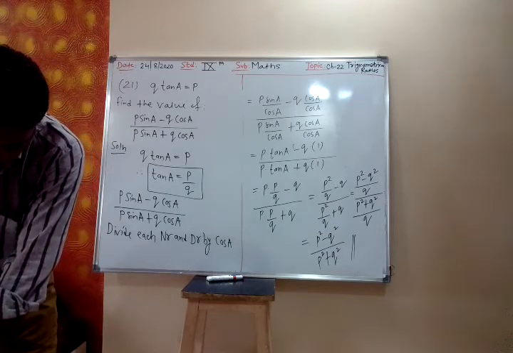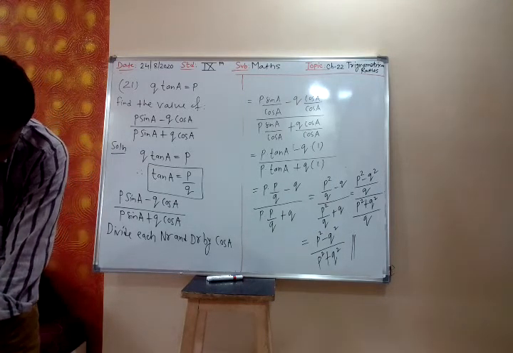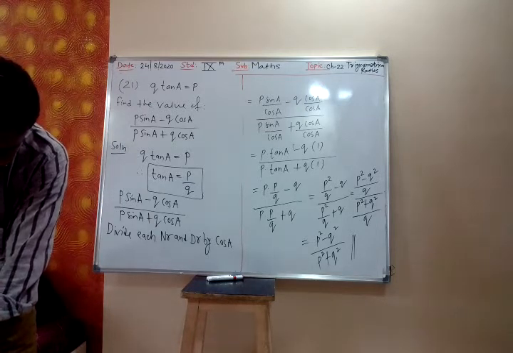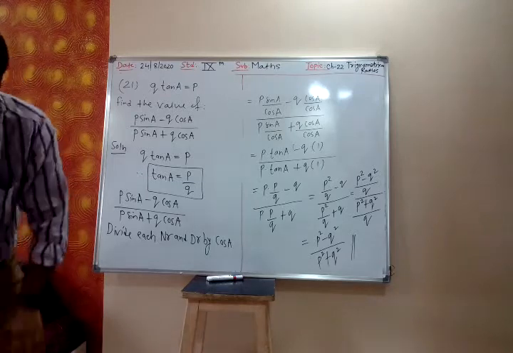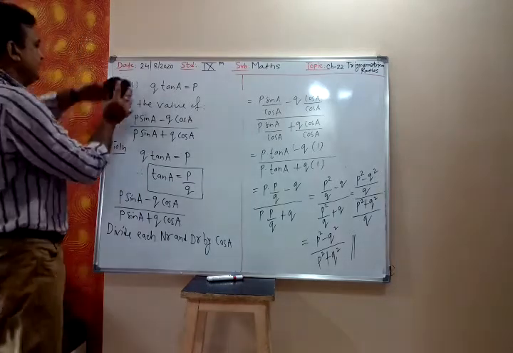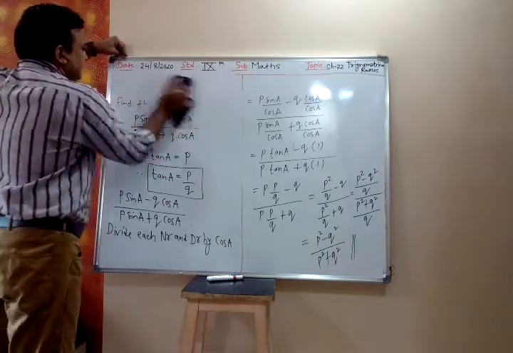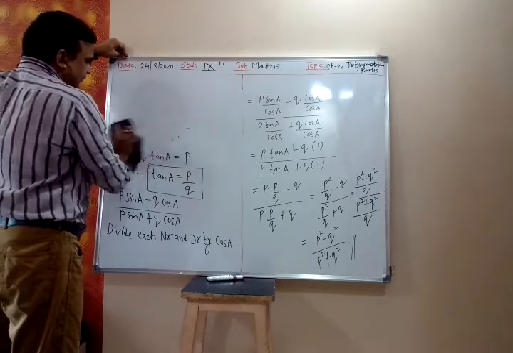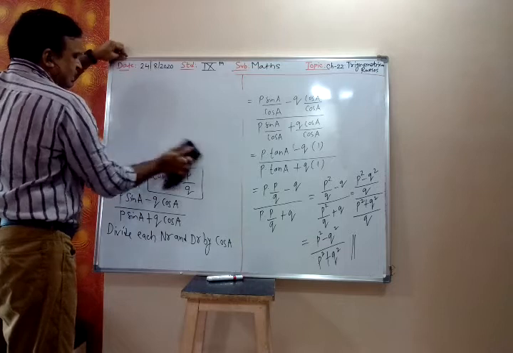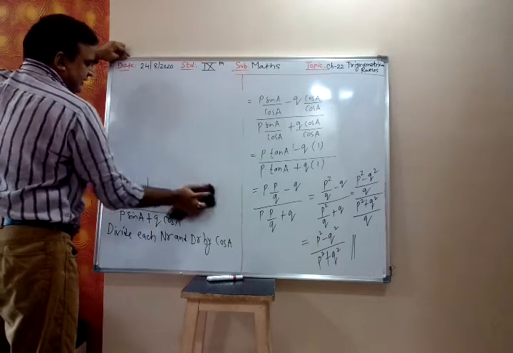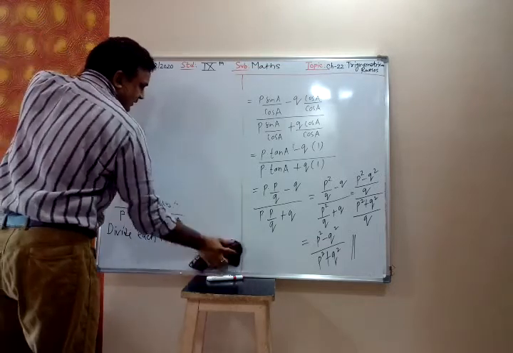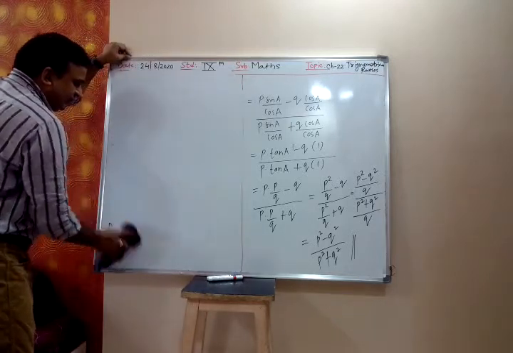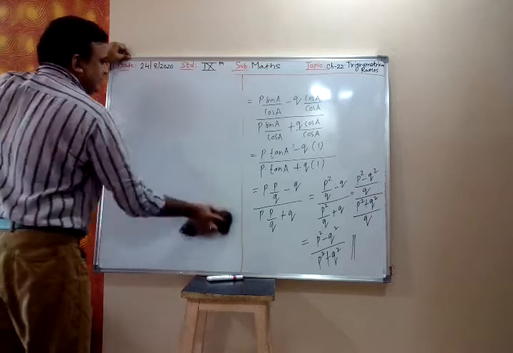Now question 22 you have to solve in the same way. Whenever you have the value of tan A, and if it is asked to evaluate, and that evaluation part contains sin A and cos A in the numerator and denominator both, then go by the second method.